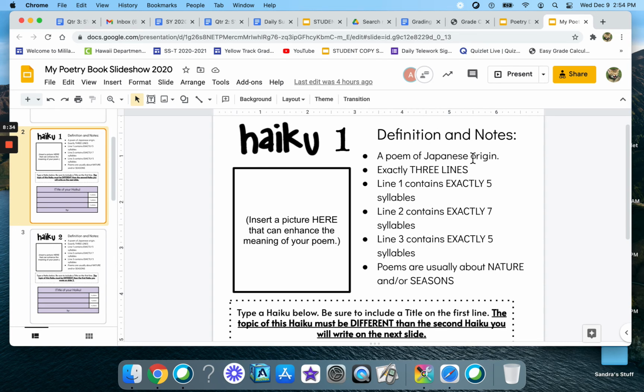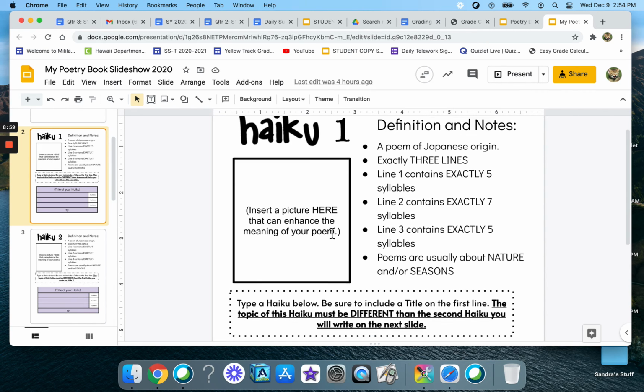And then it has the same definition and notes. So this is just the information in case you forgot. And over here, you are going to insert a picture that enhances the meaning of your poem. So let's say you wrote a poem about snow. You can find a picture on the internet and put it in this box. You might have to shrink it, but put it in there. That will enhance your haiku.